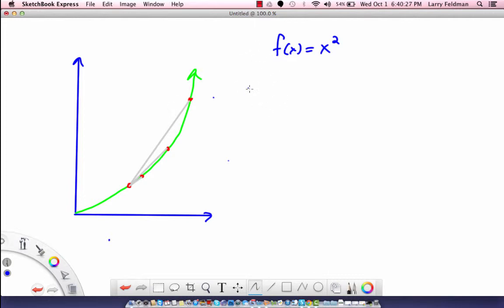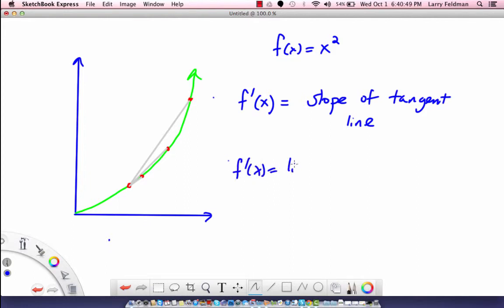So we're going to introduce a concept called the derivative, f prime of x, which is the slope of the tangent line, and f prime of x is the limit as h approaches 0 of f of x plus h minus f of x all over h. This is one of the most important formulas that you'll find in calculus.